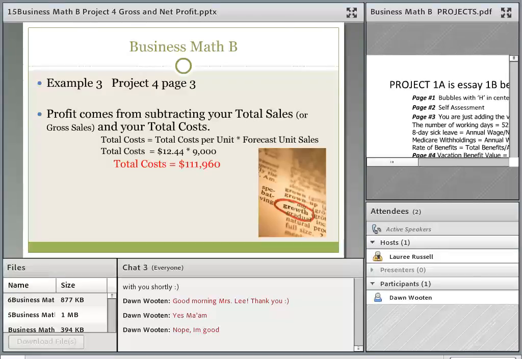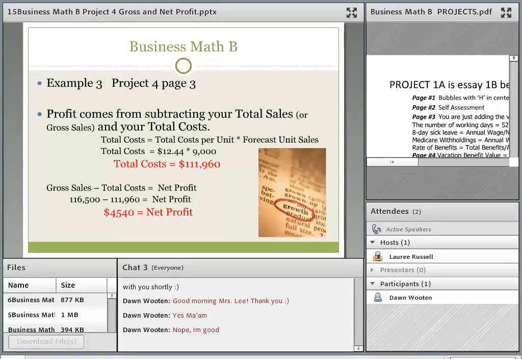Okay, let's work ahead here. Gross sales minus the total cost equals the net profit. So when you subtract these, this is the amount you get.